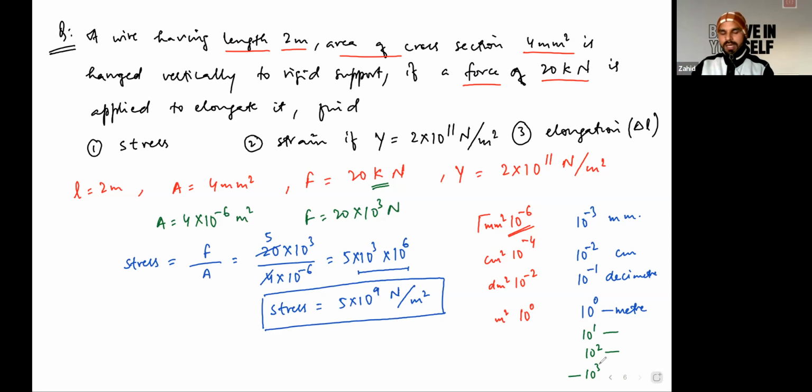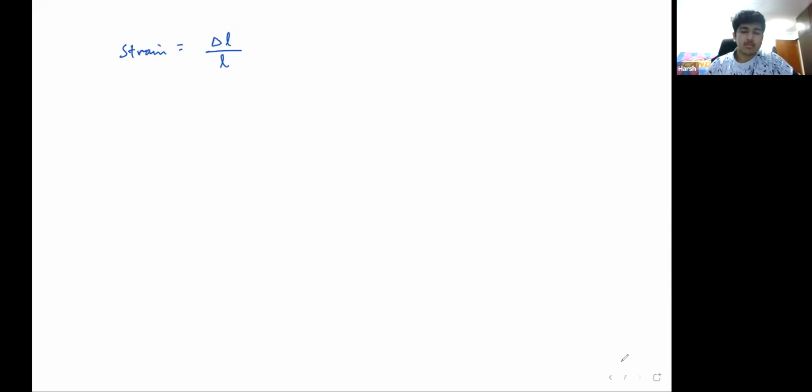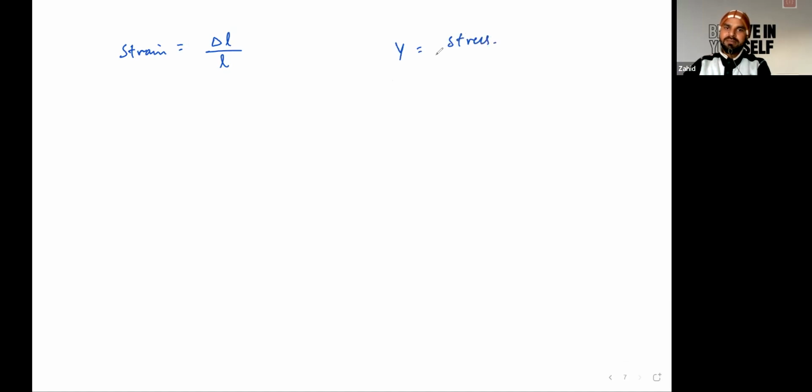Now, next is how to calculate strain. For strain, you first have delta L divided by L. But in the given part, there is no information about delta L, so we can't use this formula. We can use another one. According to Young's modulus, we have stress divided by strain.